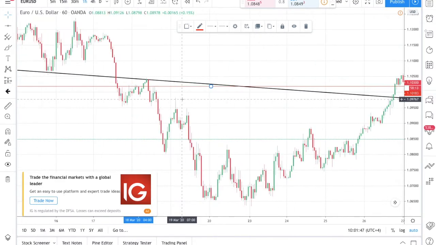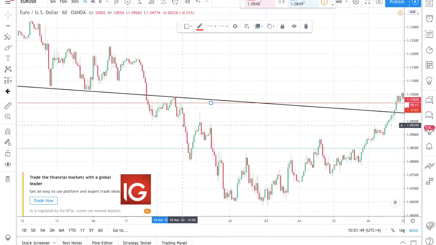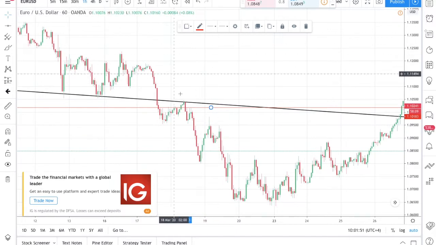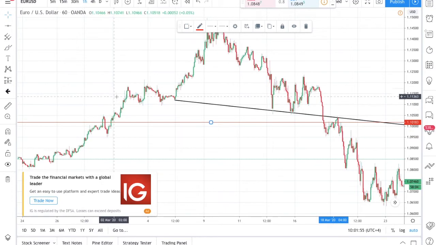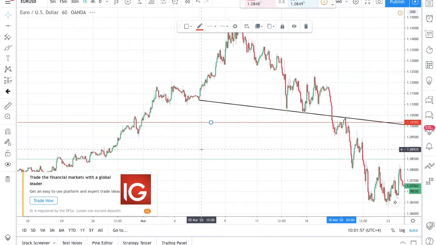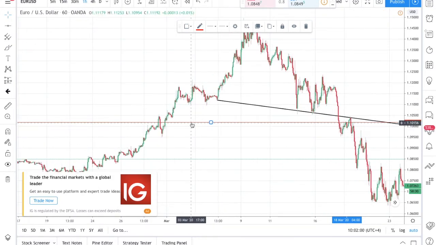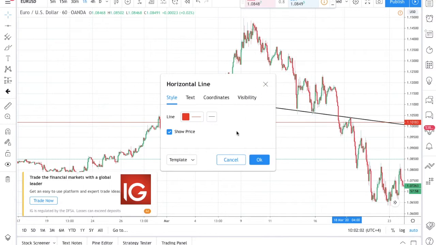So this was an example that I wanted to share with you guys, but I want to give you another example, so you guys can be sure about this strategy.